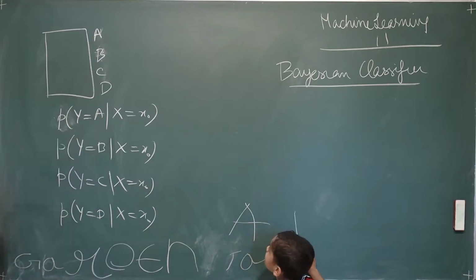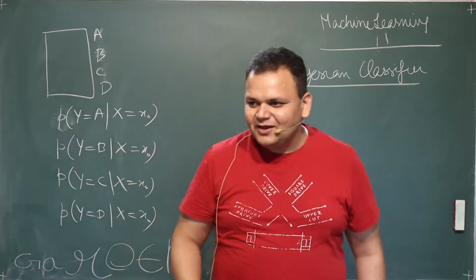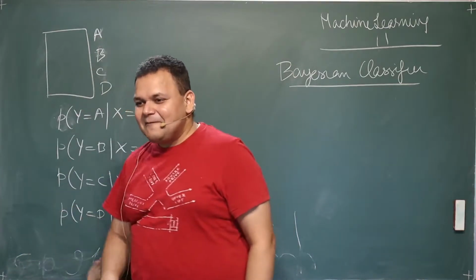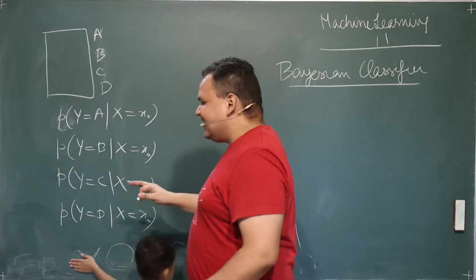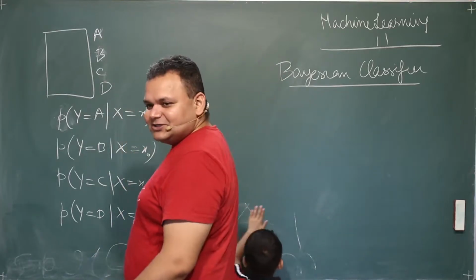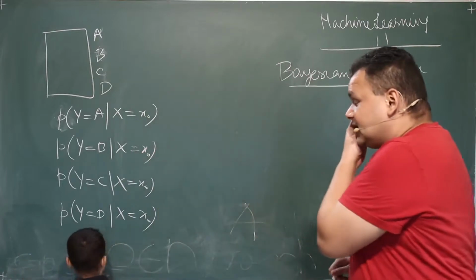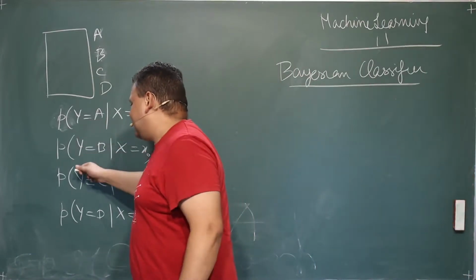Your y can have only these 4 values, a, b, c, and d. And by some magical powers, we have found out these 4 probabilities.